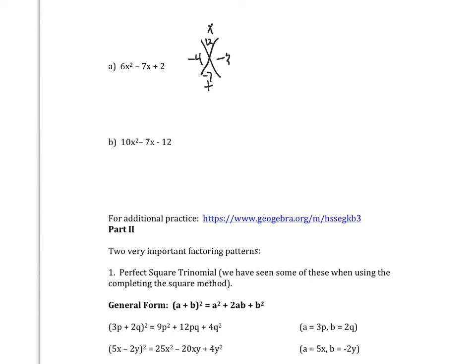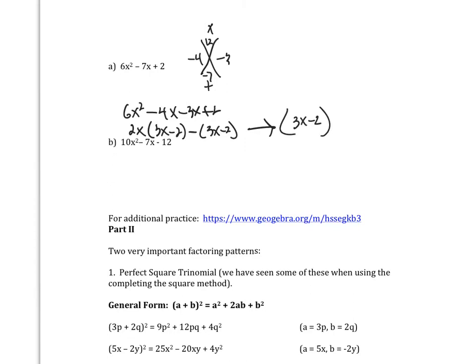And so we'll break our middle term into those two: minus 4x minus 3x plus 2, which means we can now factor out 2x here times 3x minus 2, minus 3x minus 2, which means we then have a factorization of 3x minus 2, and when that's factored out of the two terms there, we have 2x minus 1.